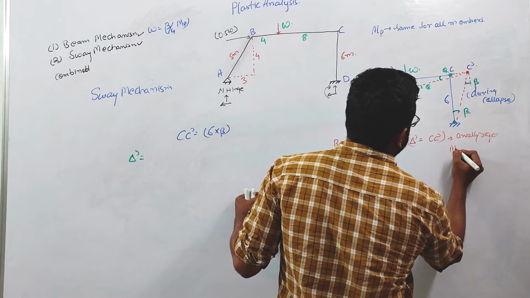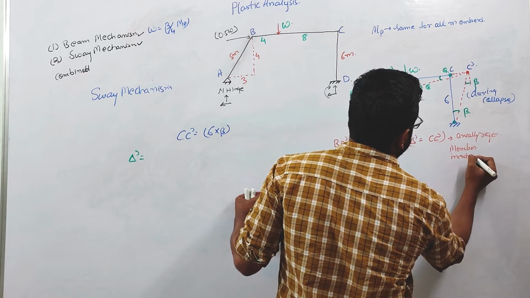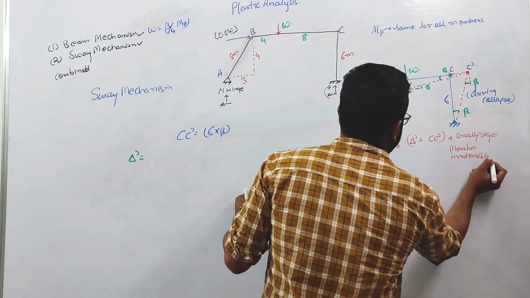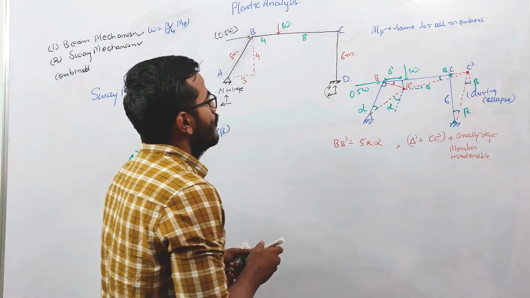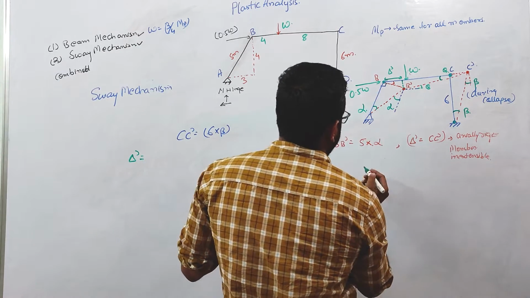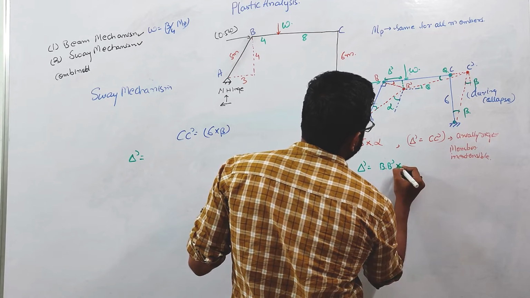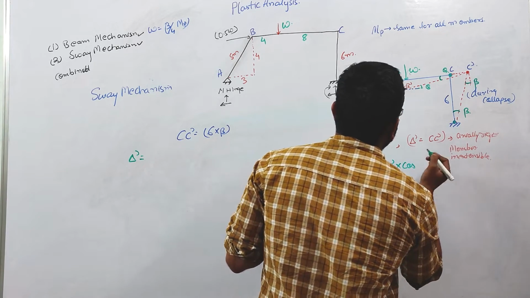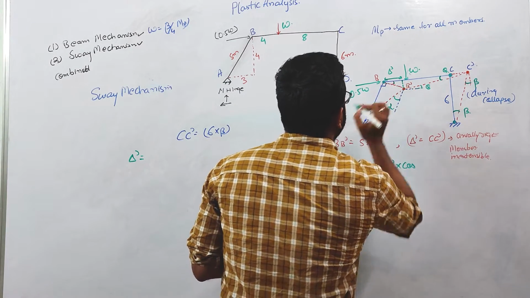The members are inextensible. So now what will be this delta dash? Delta dash I can write as BB dash into cos of some angle, and we need to calculate this value.